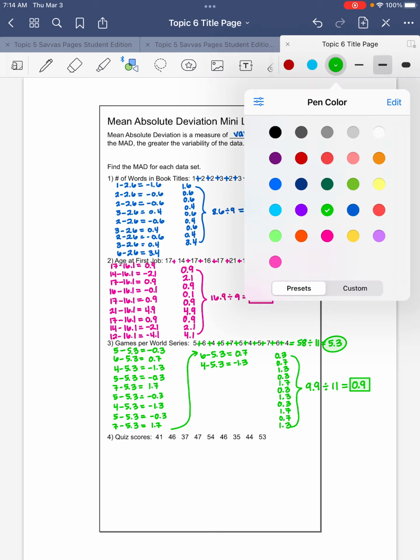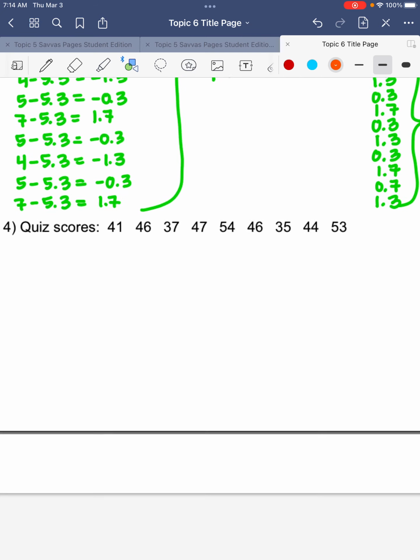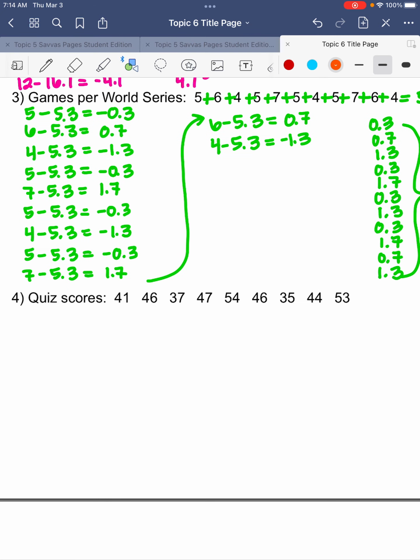Okay, last one that we are going to look at today is number 4, quiz scores. So we are first going to add up all of these numbers. So 41 plus 46 plus 37 plus 47 plus 54 plus 46 plus 35 plus 44 plus 53, and we're going to figure out what that equals. I'm just putting this into my calculator over here to the side.